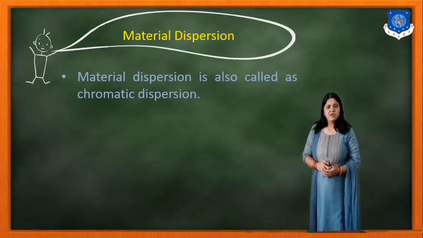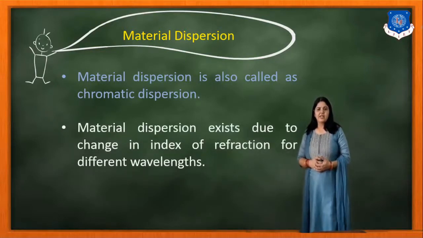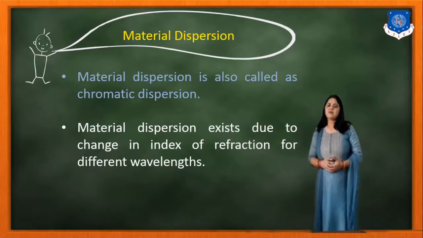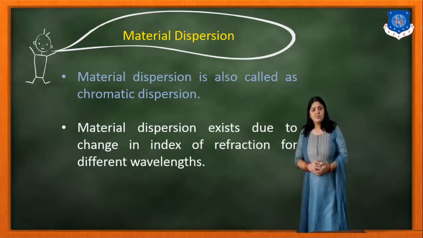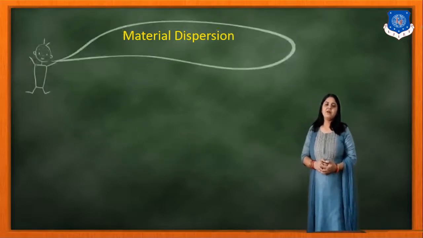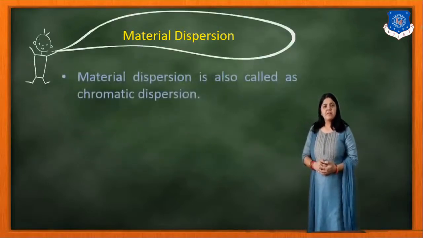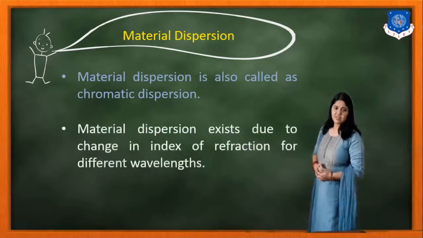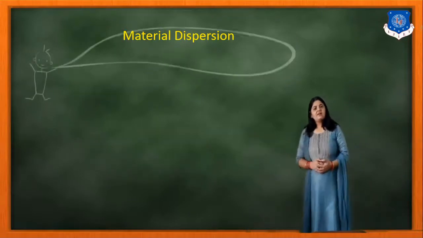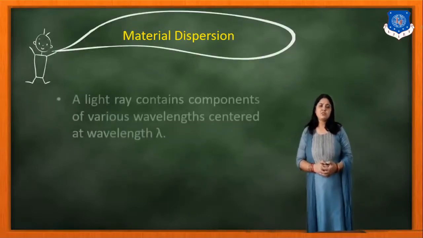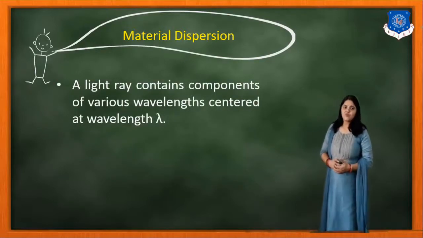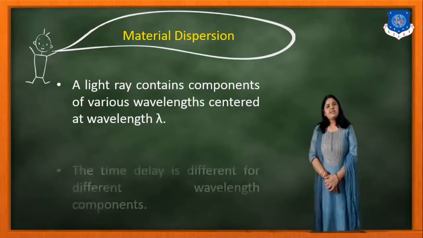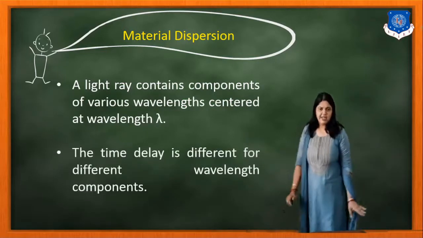Now the first one is material dispersion. It is also known as chromatic dispersion, and this dispersion exists due to the change in the index of refraction for different wavelengths. This chromatic dispersion is due to the material. So a light ray contains components of various wavelengths centered at the wavelength lambda.